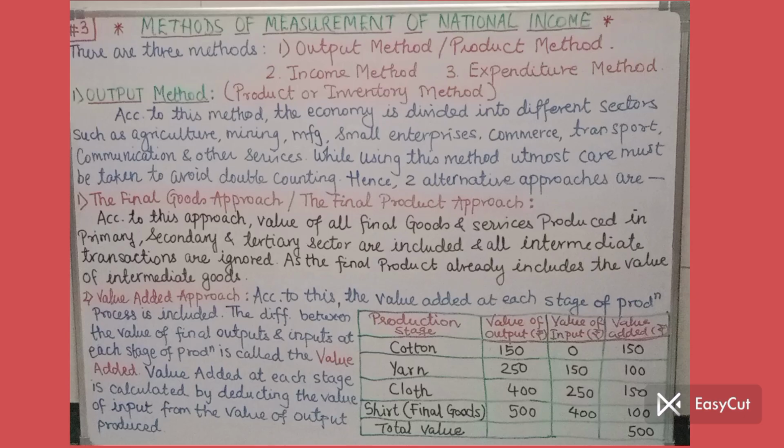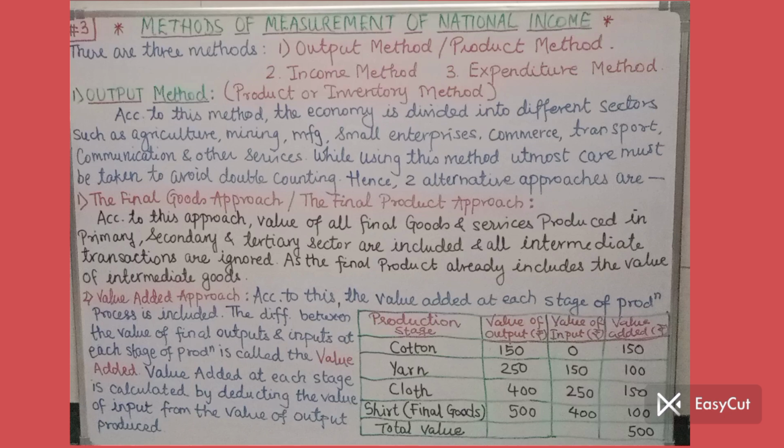Now let us move on to the second approach, that is value added approach. According to this value added approach, the value added at each stage of production is calculated. That means we are starting with the production, we are putting in input, and then we are doing the process, and then some output at every stage we are getting.